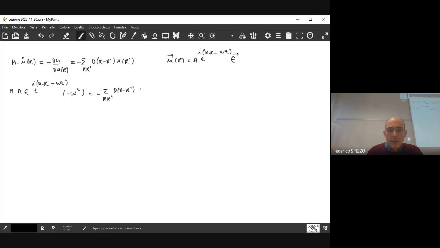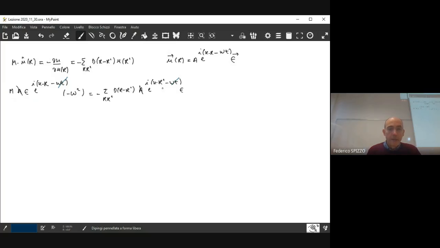Then I have the amplitude and the polarization vector. Here I have the amplitude on both sides. It's always the same, so I may simplify the amplitude. And I may also simplify the time dependence, because I have a phase with minus omega t on this side and the phase with minus omega t on the other side.